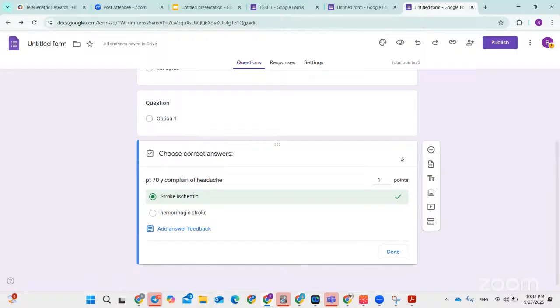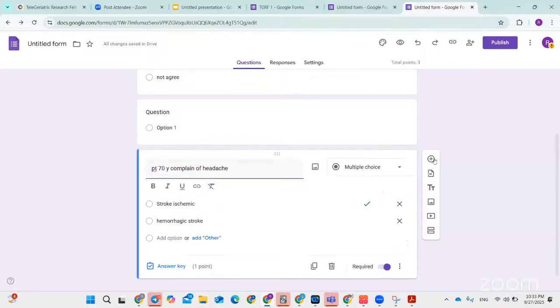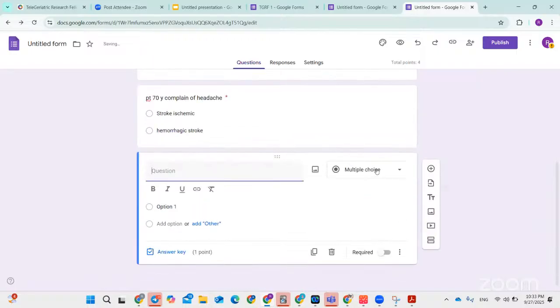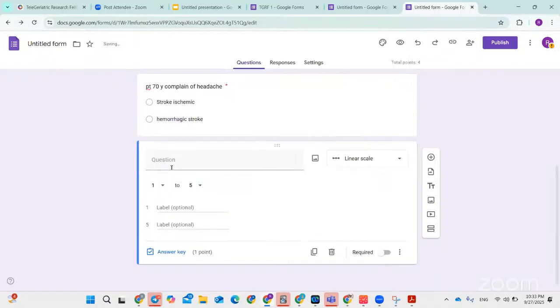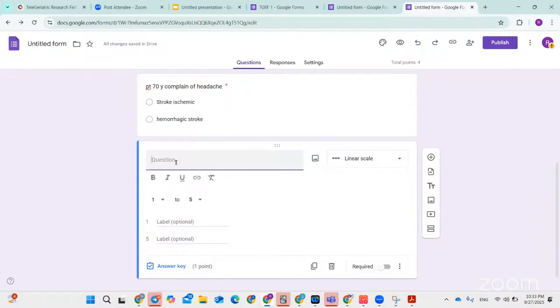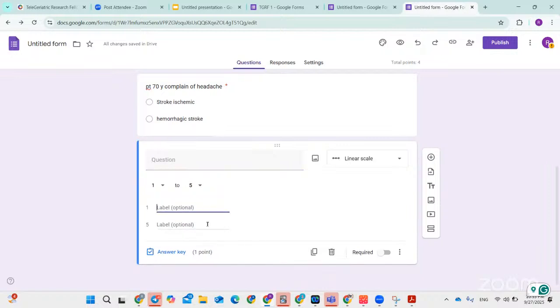And yeah, that is a question. We can make other questions with a different style. For example, a linear scale. In a linear scale, you can set a scale of 1 to 5: how would you describe your knowledge in this area, with 1 being the lowest and 5 being the highest, and make it required as well.